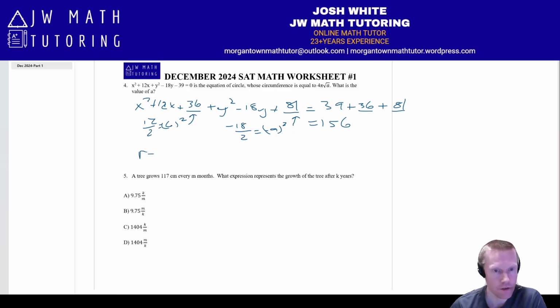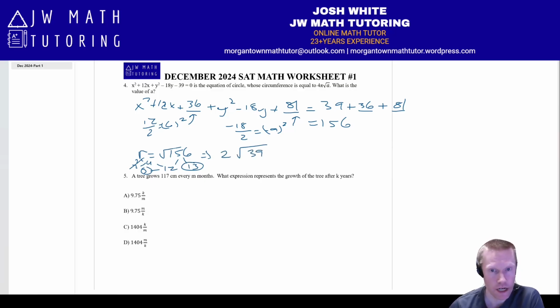So that means the radius of the circle is square root 156. If you go ahead and simplify the square root, it's going to be 12 and 13, and then 12 is 4 and 3. 4 is just 2 and 2. So you have a 2 outside, and then inside you have a 13 and a 3, which is 39.